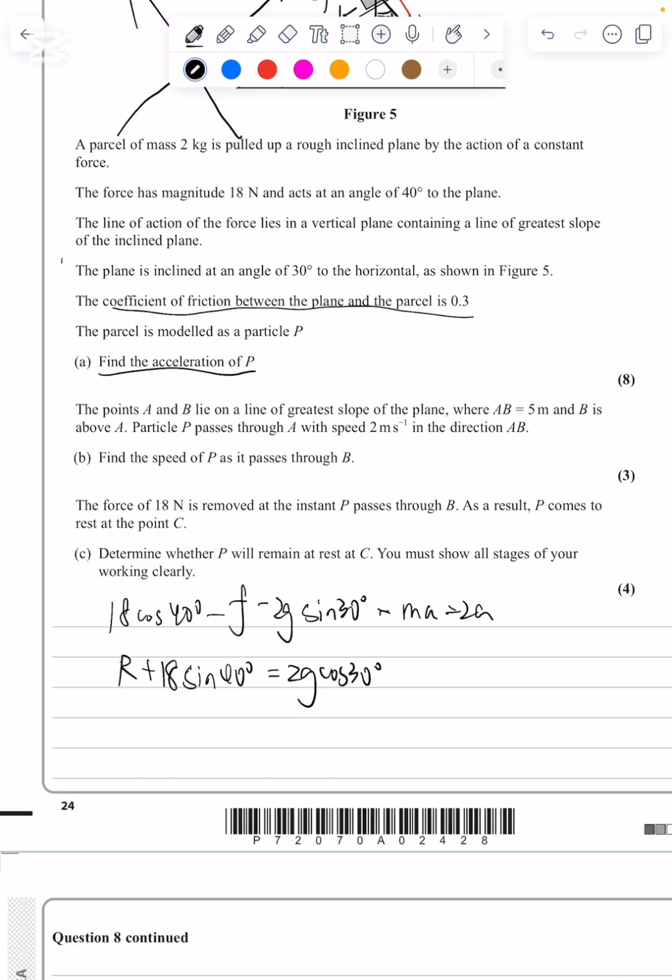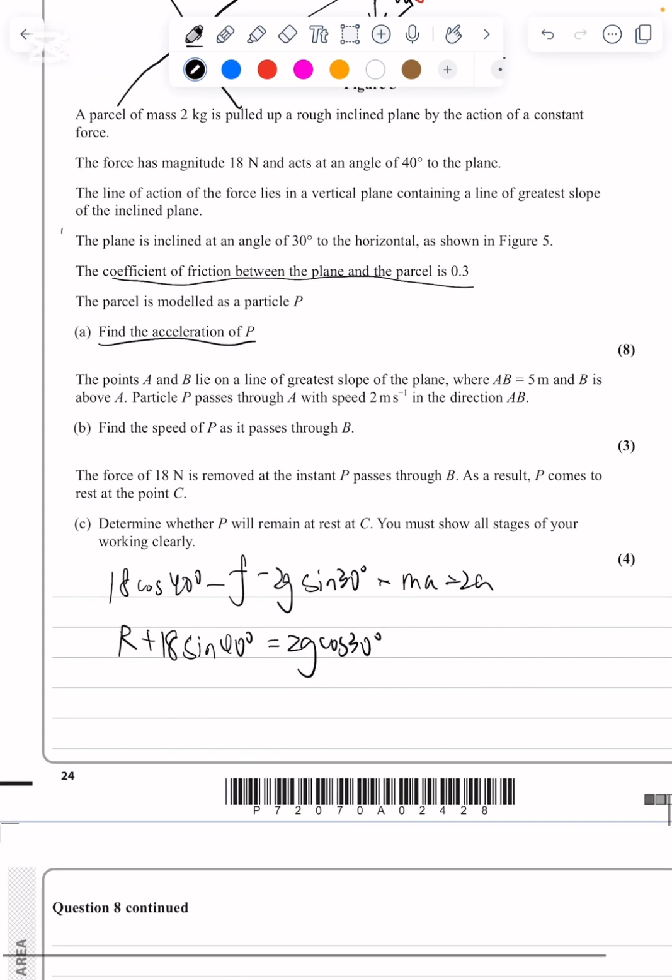Yeah, we have to solve this first, and then use the R to find the friction. So 2 times, what is G? G is 10, right? Sine 40 degrees. So this gives R is around 5.75 newtons.